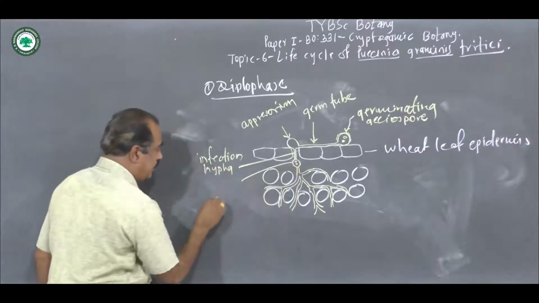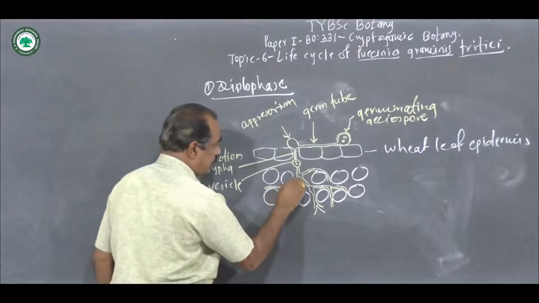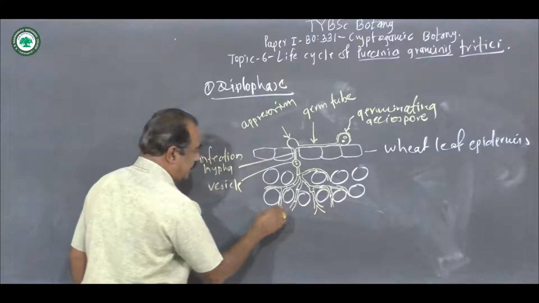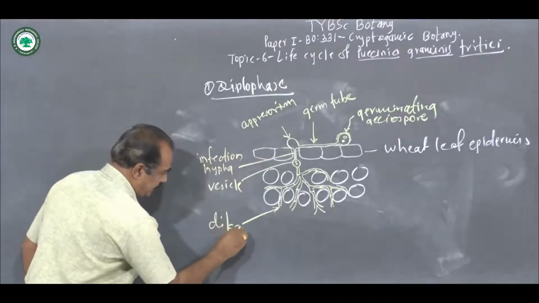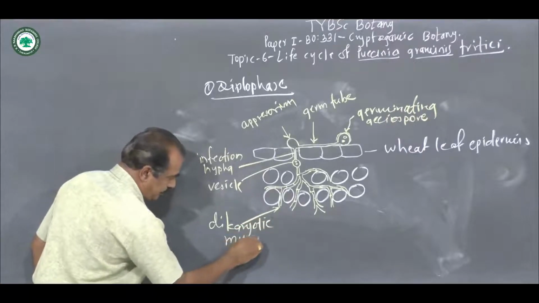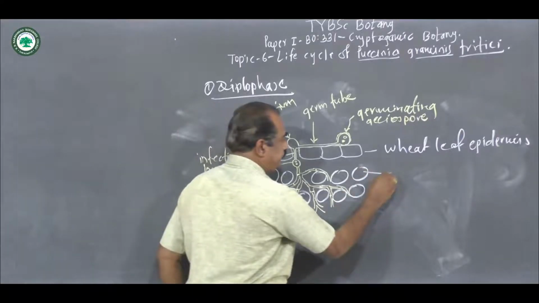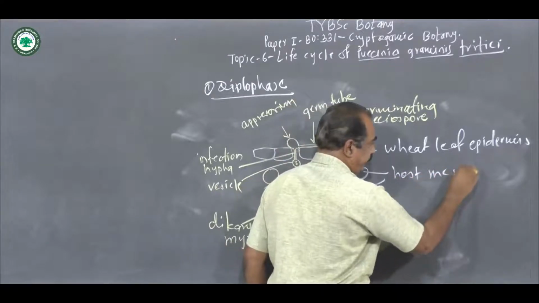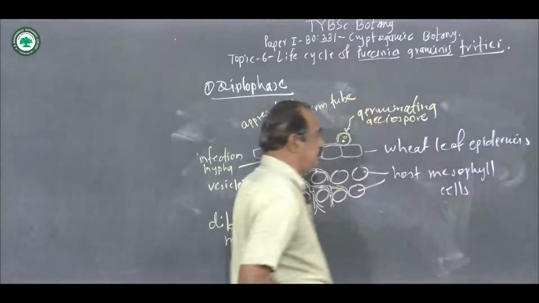And this is the vesicle. And this is the dikaryotic mycelium. These are the host mesophyll cells.